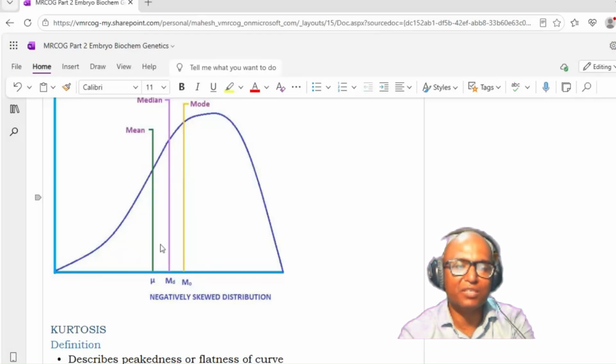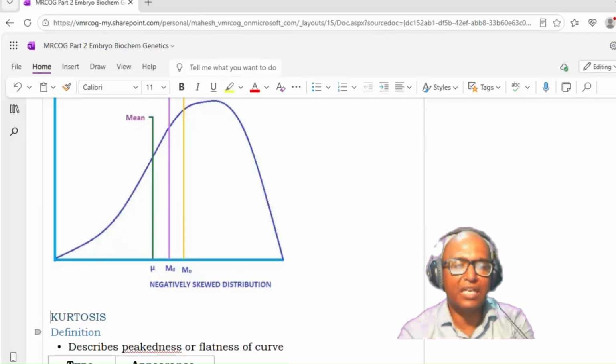So that is the difference between the relationship of the mean, mode, and median in the normal distribution, the positively skewed distribution, and the negatively skewed distribution. In the negatively skewed distribution, mode is greater than the median, median is greater than the mean.